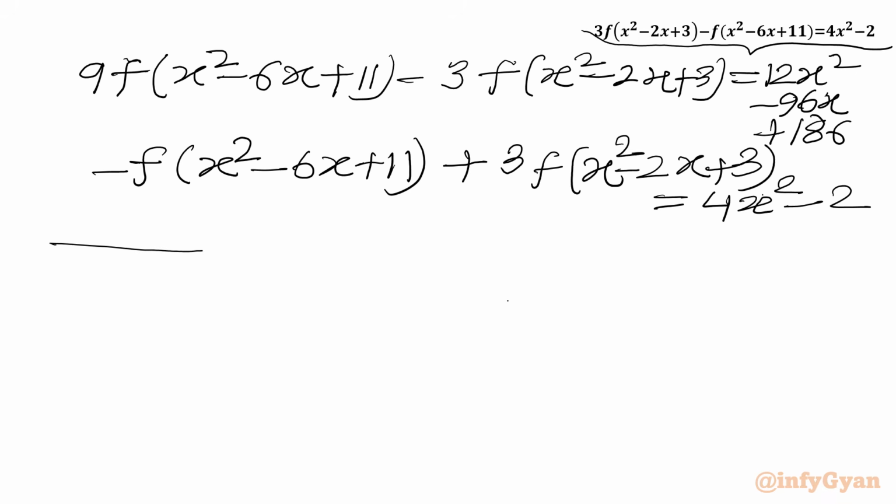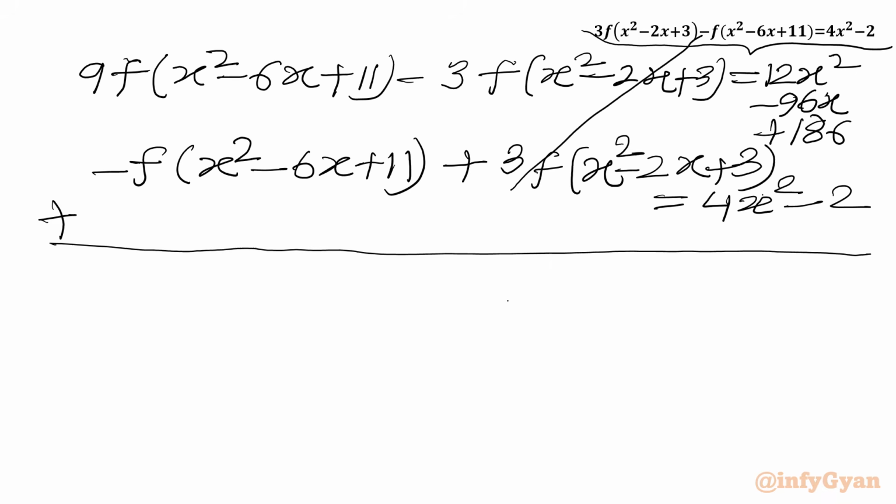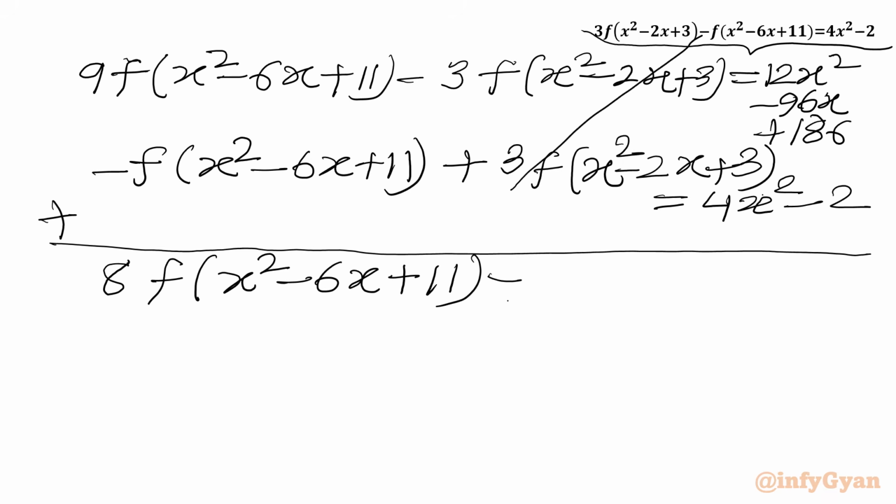Now we have to add both the equations. Now we will cancel these two terms. So 9 − 1 is 8. We will write 8 times f of (x² − 6x + 11) in the LHS, and in the RHS there would be 16x² − 96x + 184.